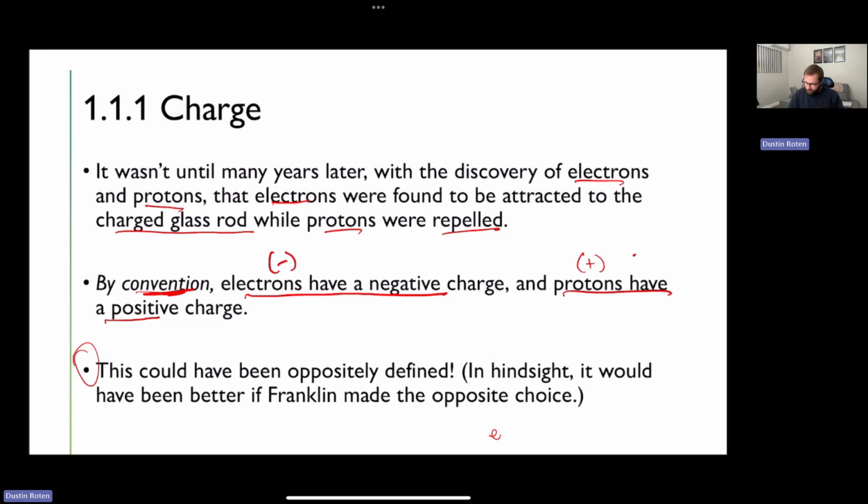If he had said electrons are actually positive, that would have made the math work out so much better in more advanced electronics. So when you're thinking about how current flows through a circuit later on in this course, or later if you want to be an electrical engineering major, and things are starting to get weird in the math, you can thank Ben Franklin.